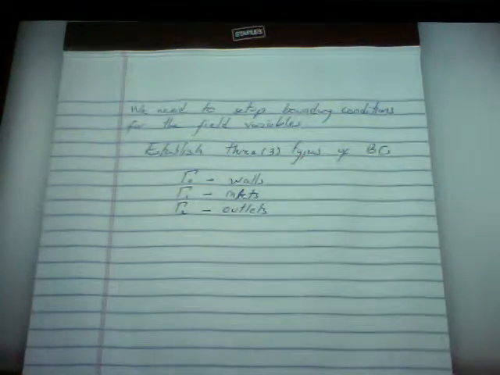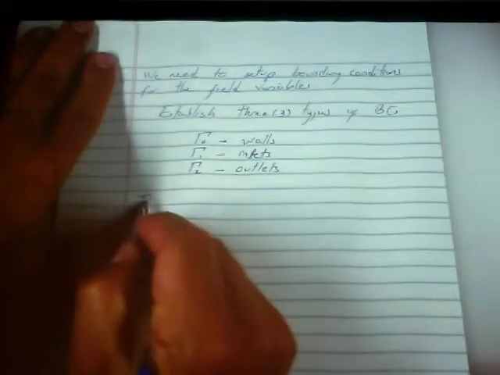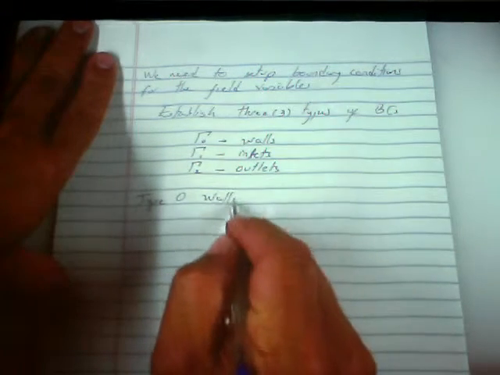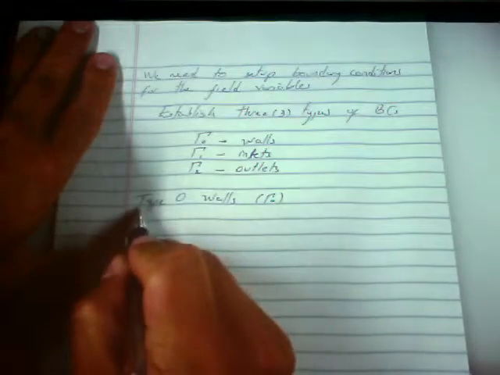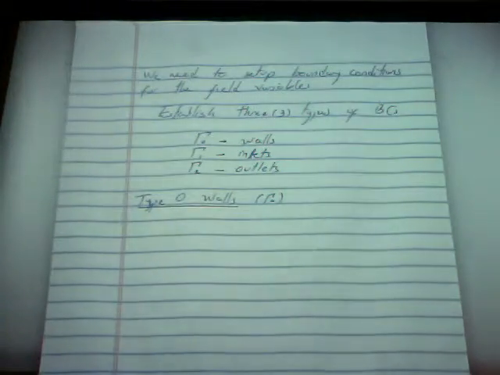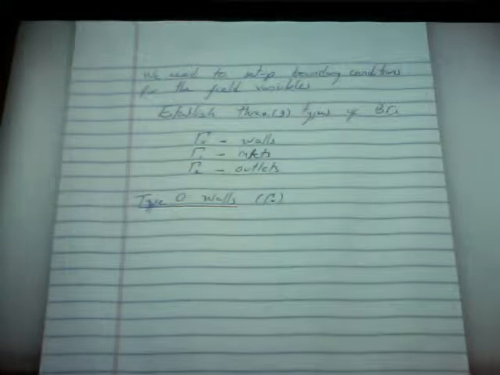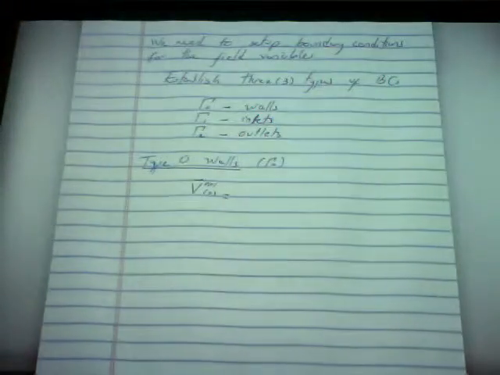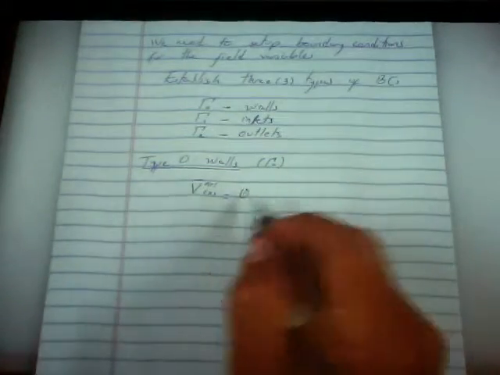All right. So let's start with type 0. Walls at gamma 0. So those portions of the boundaries that we assume to be walls, let's say the walls of this room, the roof, the floors, and the perimeter. So at walls, what do we say about the velocity? What is the velocity on the walls? 0.